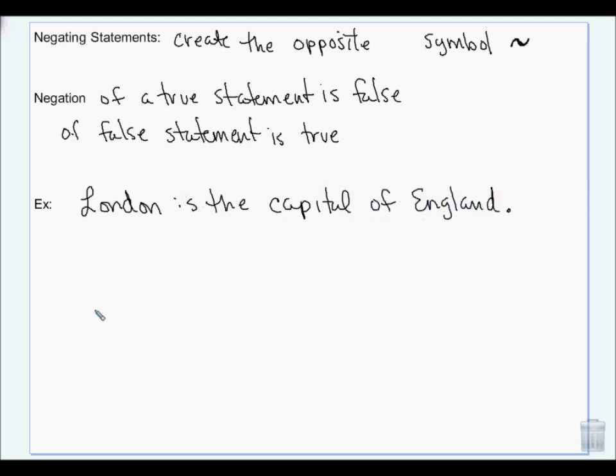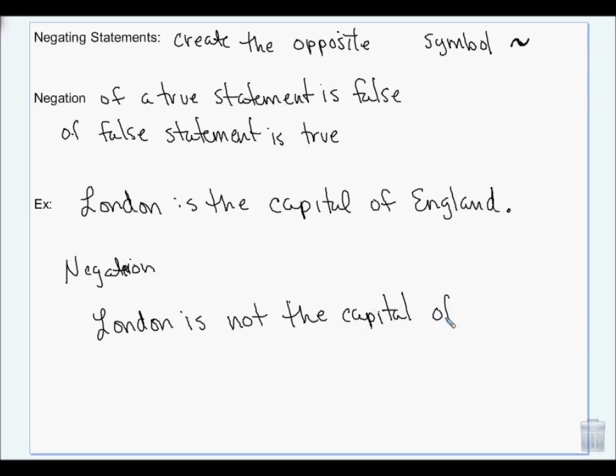Okay, that's a statement. To negate it, I can just add the word not.